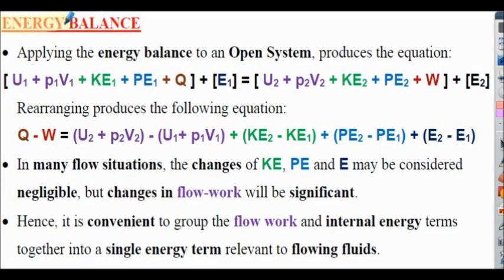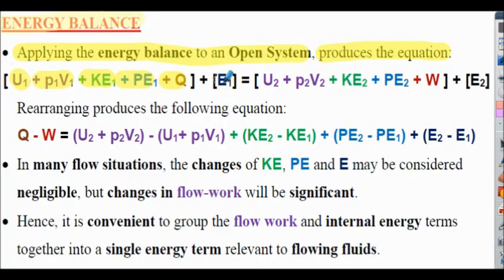Let's consider the energy balance. Applying the energy balance to an open system produces the following equation. On the left hand side of the equation, the input side, we have the initial energy in the fluid added to the flow work done on the fluid, added to the kinetic energy, the potential energy, and the heat into the system.